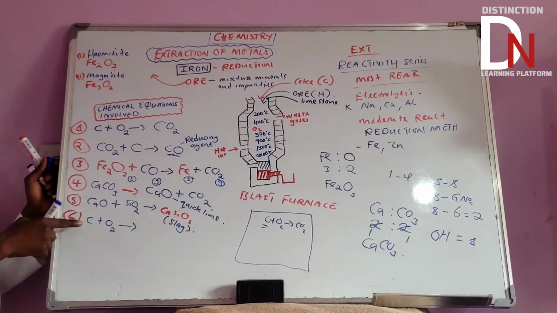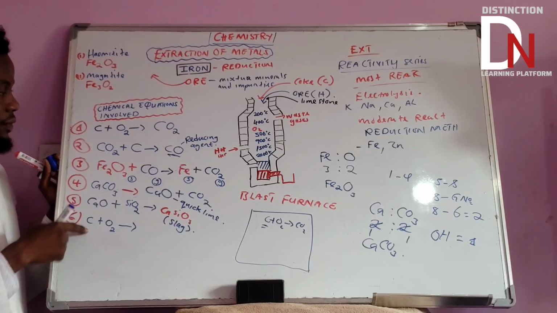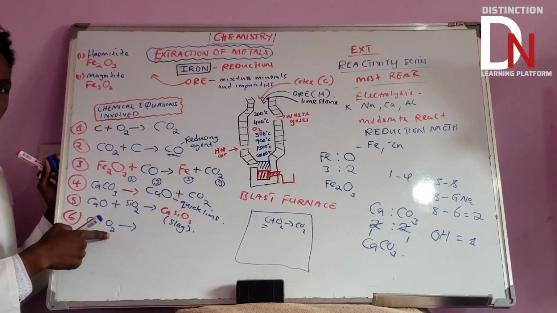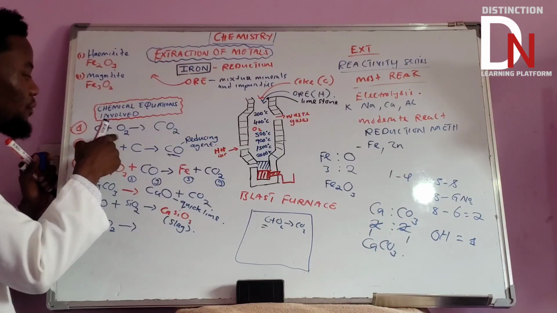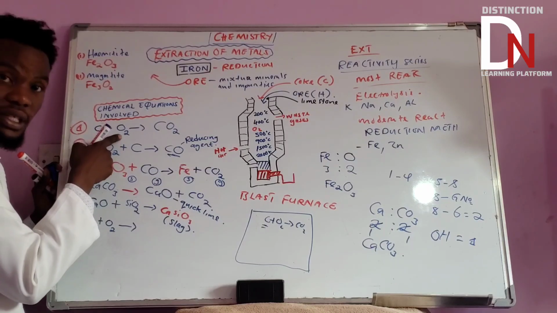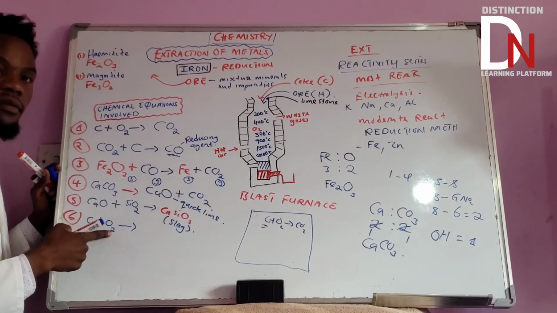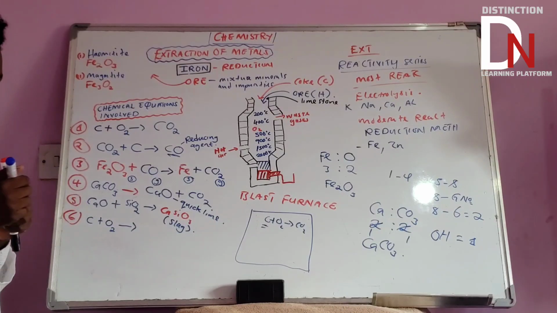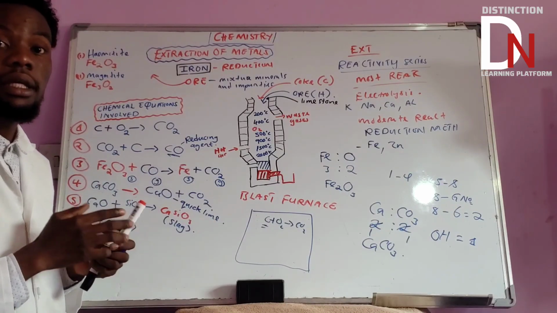Now there's also another possibility for the first equation here. Carbon can react with oxygen, but if they say insufficient oxygen, basically the amount of oxygen that is there is not enough.